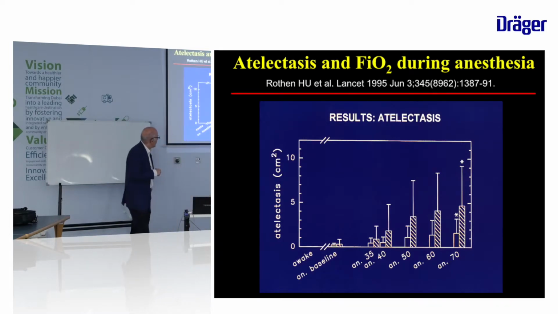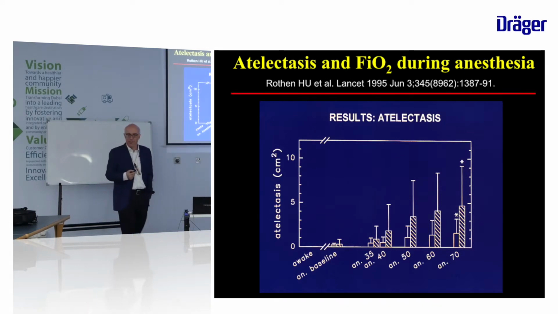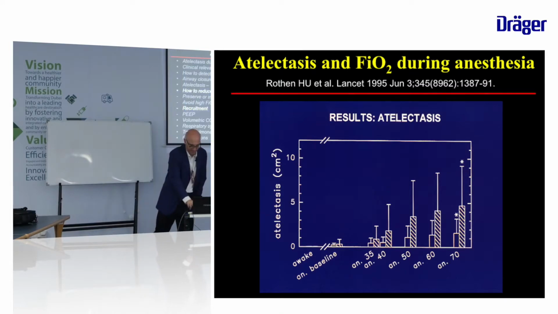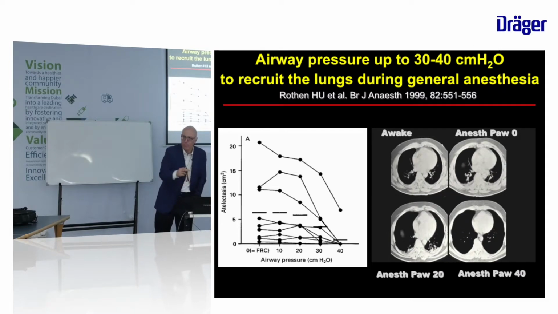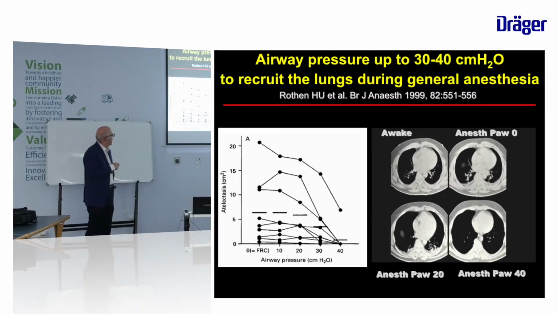And this is what happens during anesthesia from baseline to 17 minutes in the high FiO2 and low FiO2, but high FiO2 here is 100%. So very high FiO2. Recruitment, we don't discuss that too much, because we have a lecture on recruitment, but just showing that you need high pressures, around 30 to 40 centimeters of water.